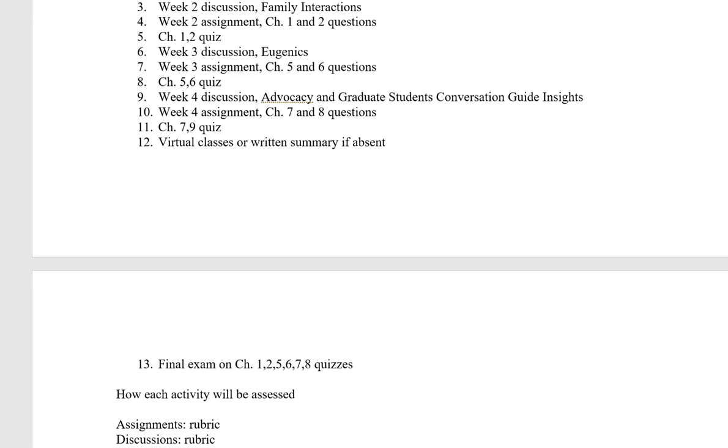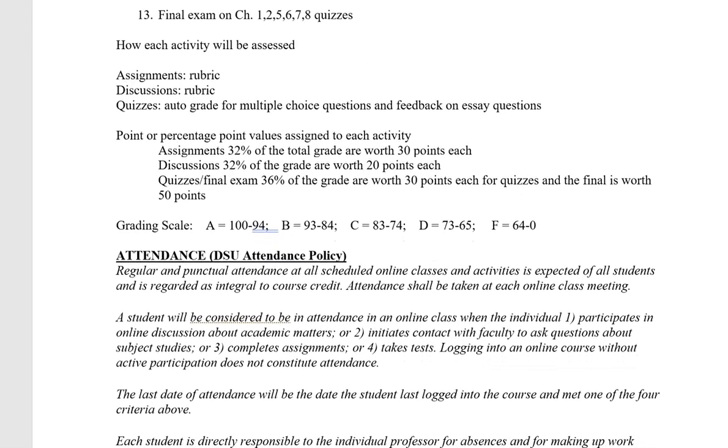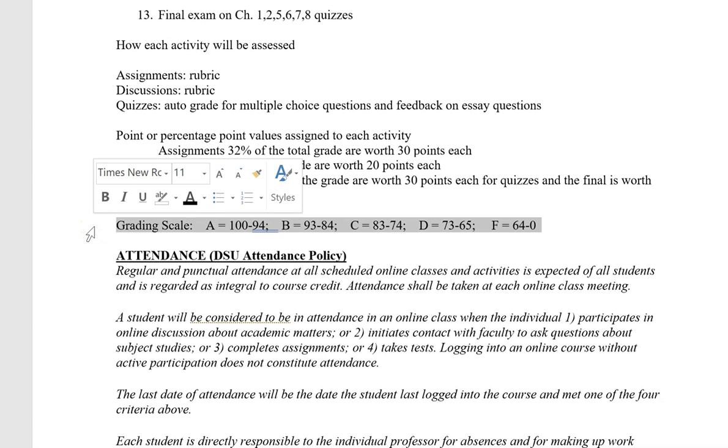A one-page summary under mail message participation and class participation assignment. You'll see that in a module. Here is how the activities will be assessed, what percentages each category is worth, and if you'll note, the grading scale is a 6-point grading scale with A from 100 to 94 and so forth.